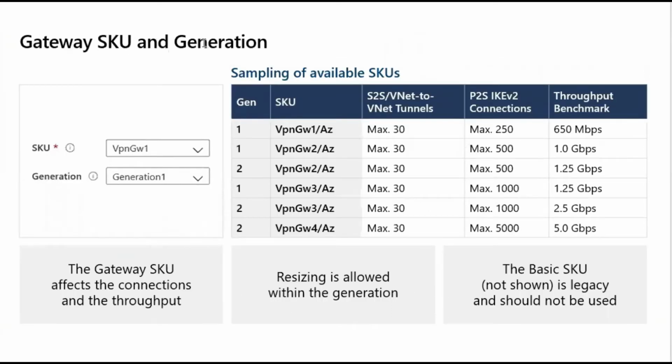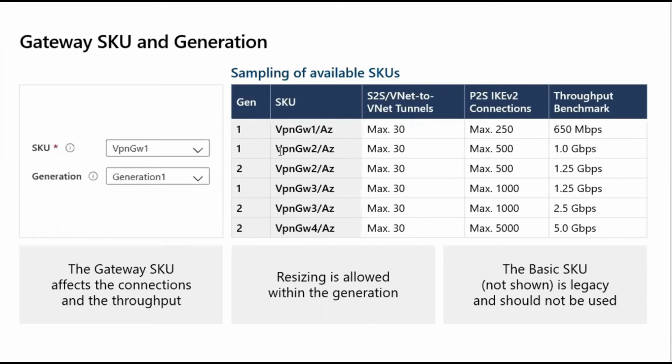VPN SKU and generation. So when you select this one, it can provide you maximum 30 site-to-site and VNet to VNet tunnels. The VPN Gateway 1 supports maximum 250 point-to-site IKE version 2 connections and throughput 650 Mbps.